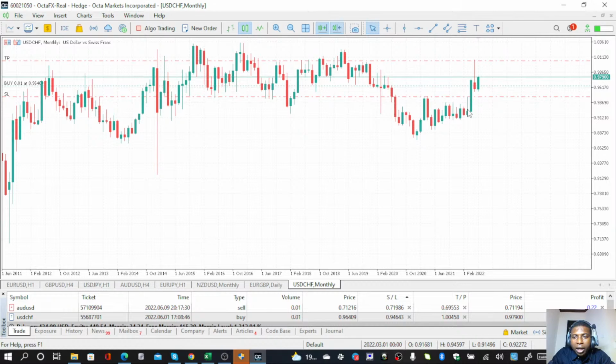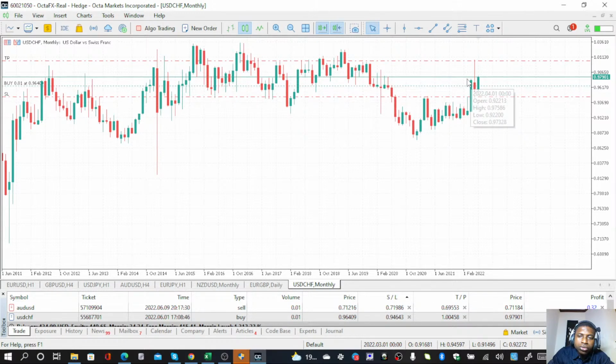This is a breakout candle, because other candles here have been struggling to rally up but have not been able to. The presence of this candle broke that barrier.